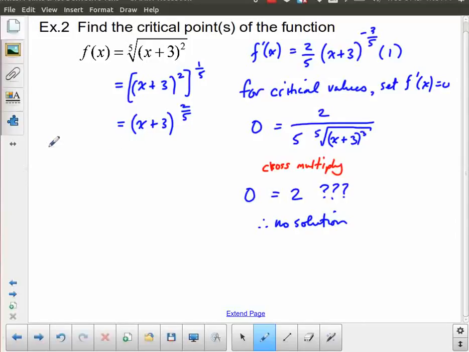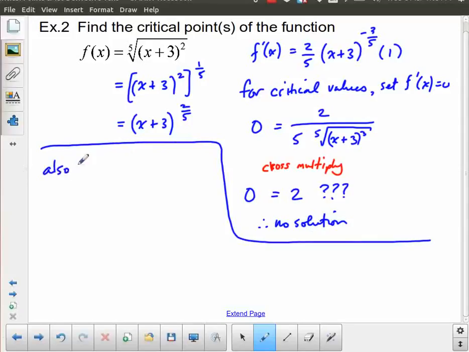So what that means is we also have to consider that essentially this whole denominator, 5 times the fifth root of x plus 3 all cubed, cannot be equal to 0. But what that really comes down to, the only thing that's going to make this equal to 0 would be if x plus 3 were equal to 0. So we need x to be not equal to negative 3.